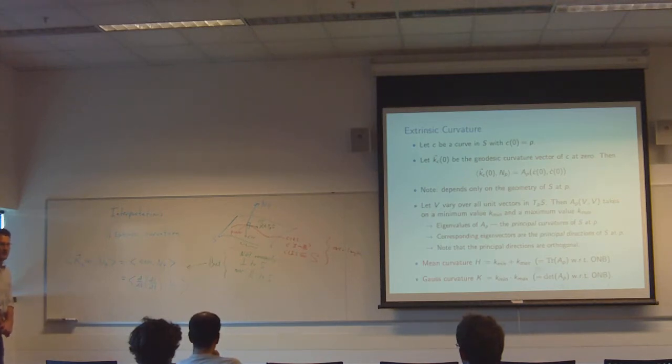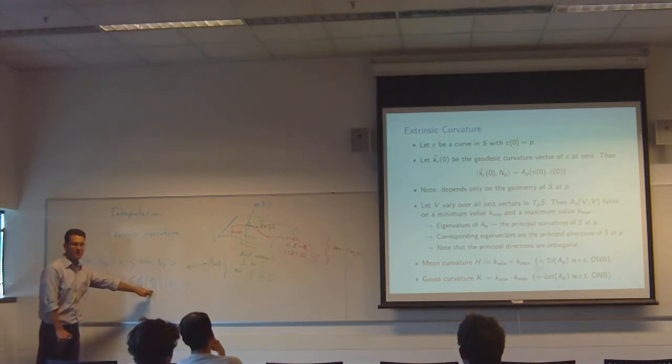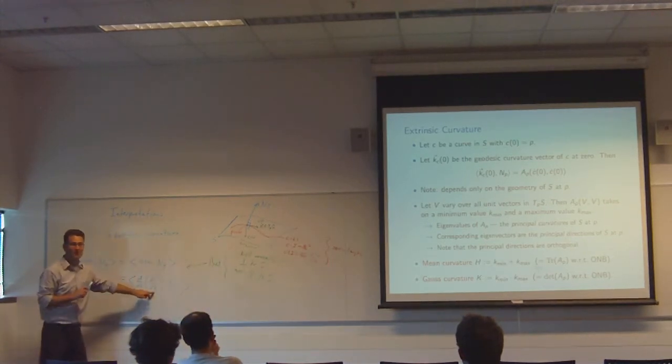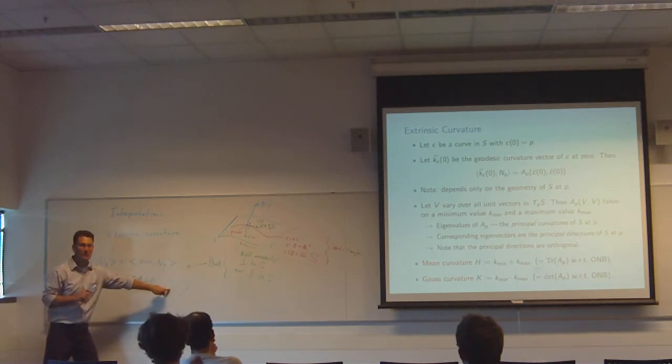What do you think? What am I going to do next? What direction does this vector point? I told you we didn't know much about c double dot, but we do know something about c dot. What direction does that vector point in? Tangent to the curve. That's tangent. This guy's normal.